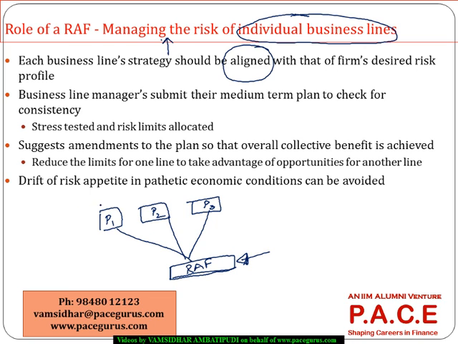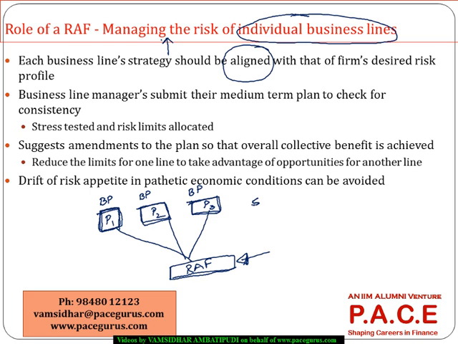So that will help them, even from a senior management perspective. That will make each of these business line managers take the responsibility of submitting their business plans, probably long term, medium term business plans, and they can really check for the consistency of this plan with the overall risk appetite framework.